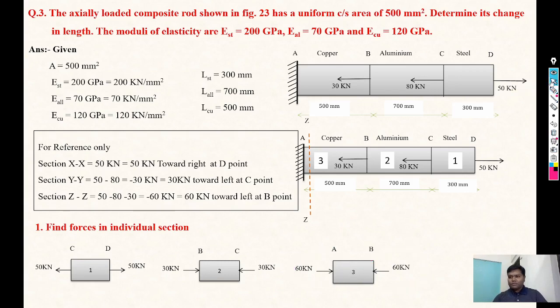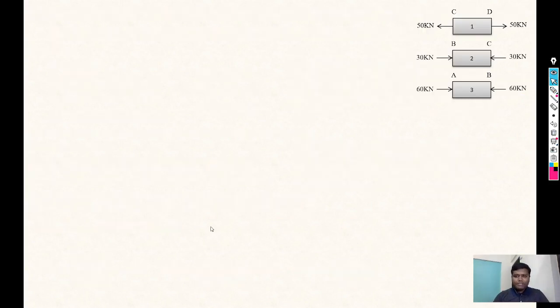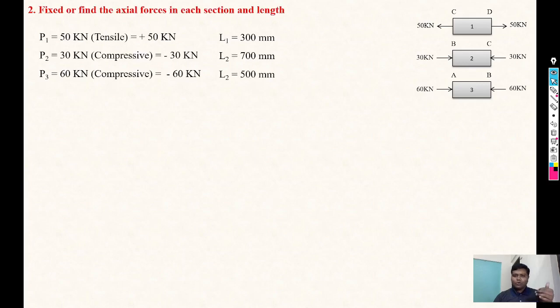Okay, so now we have calculated the axial forces on the individual sections. On that basis we will consider whether that force is tensile or compressive, and on that basis we decide the sign of the axial force on each section. So for the CD section, 50 kilonewton is tensile.